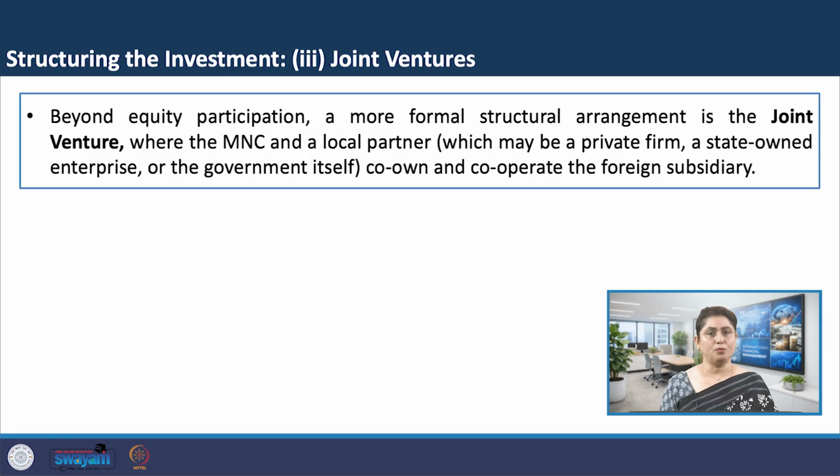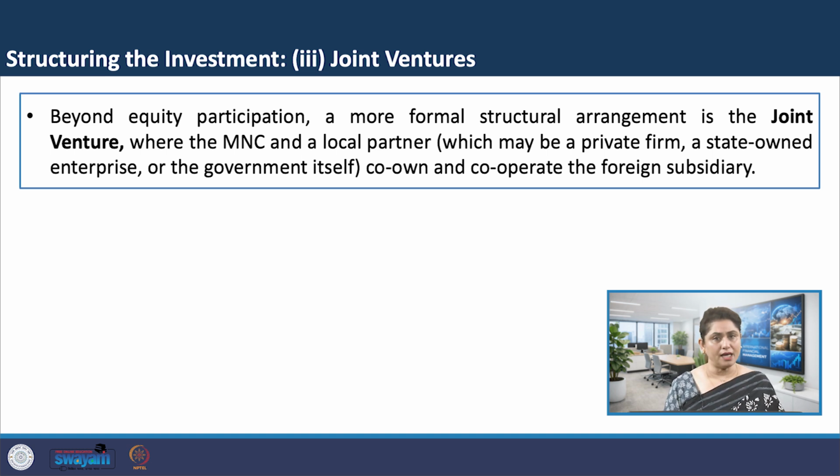The third and most formal is the ownership structuring strategy. This strategy is the joint venture. A joint venture goes beyond simply having local shareholders.